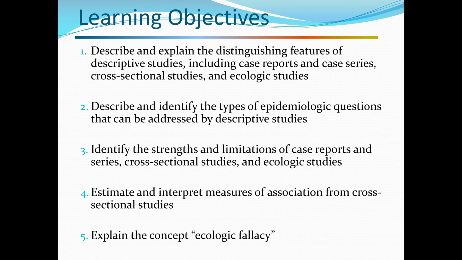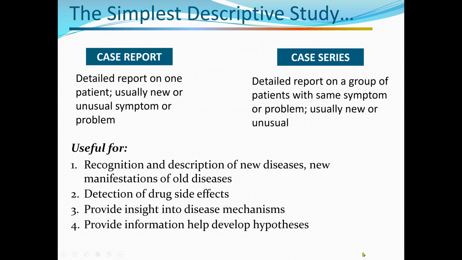We're also going to identify the strengths and limitations of case reports and case series, cross-sectional studies, and also the ecological studies. We're also going to estimate and interpret the measure of association from cross-sectional studies, and also explain the concept of ecologic fallacy. So we shall go through the concept of ecologic studies and what ecologic fallacy means.